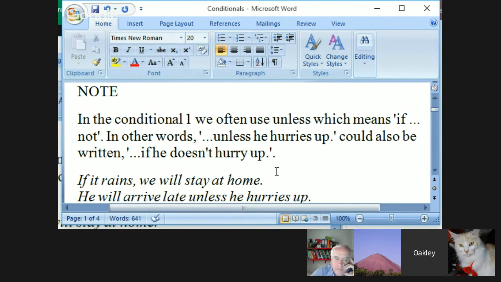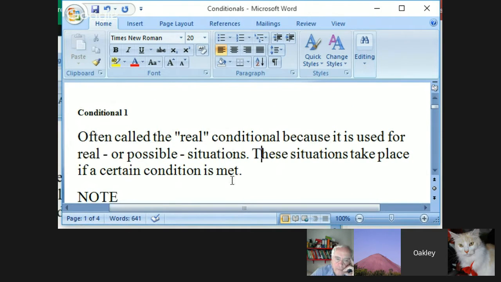Another point that I have to make: the first conditional is used for real or possible situations. The important factor here, as we talk about conditionals, and you guys are going to do some exercises later, is that it has to be real or unreal in the mind of the speaker. If you're a complete lunatic, you can use a real conditional for completely impossible situations and still be grammatically correct.